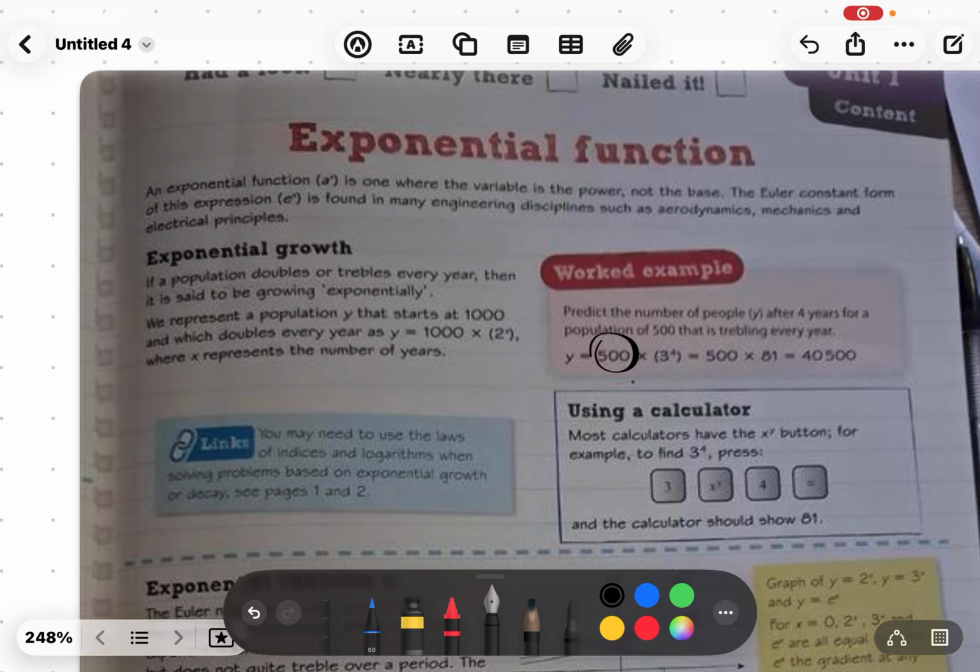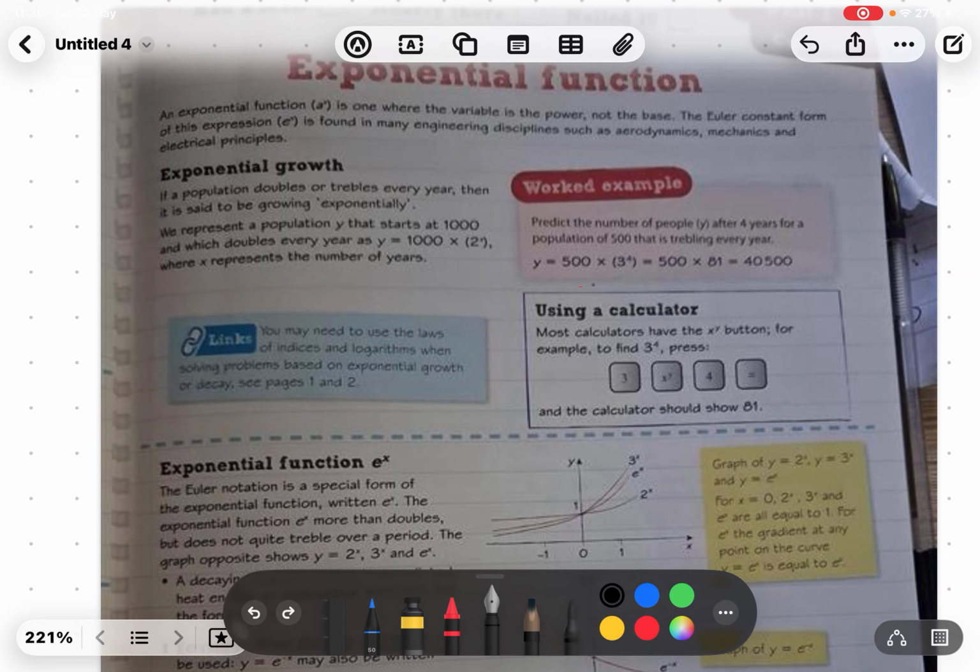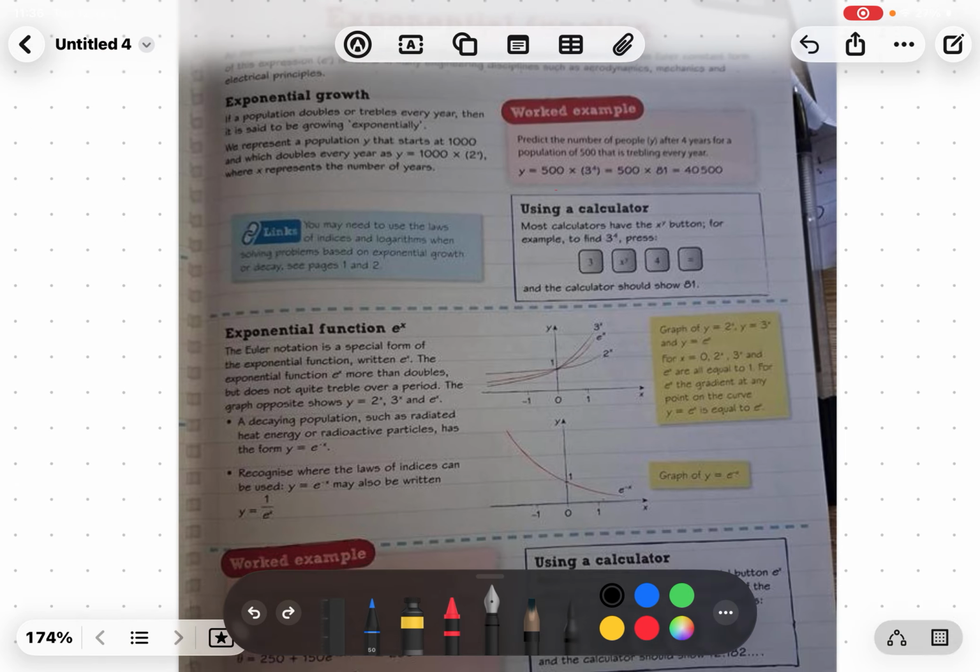Basically 500 times 3, because it's tripling and it's happening for 4 years. So the years is the power, the how-much-it-happens, and this is what you can use on a calculator.